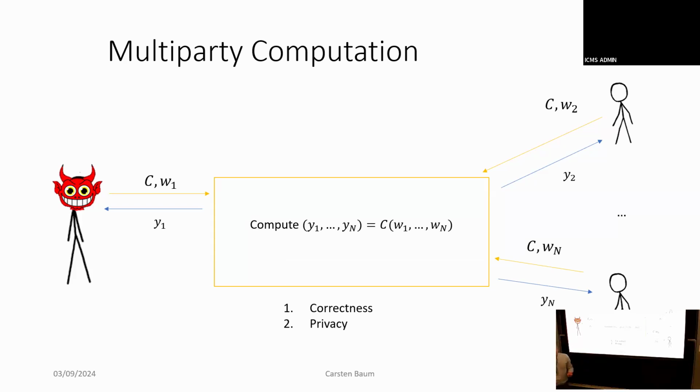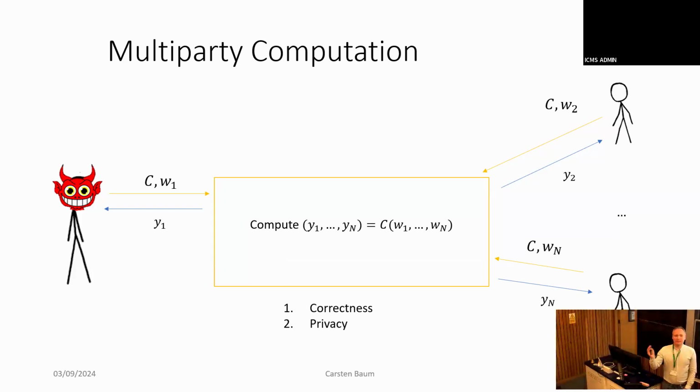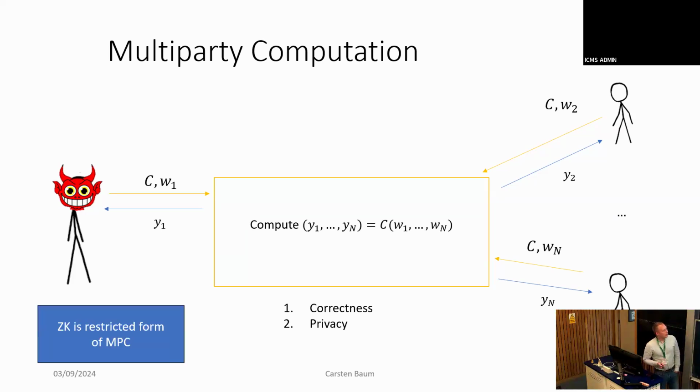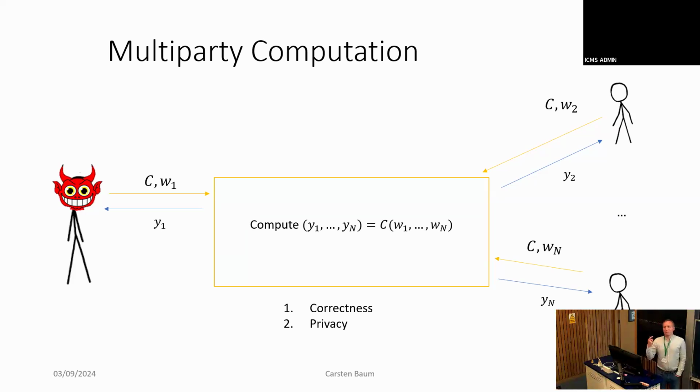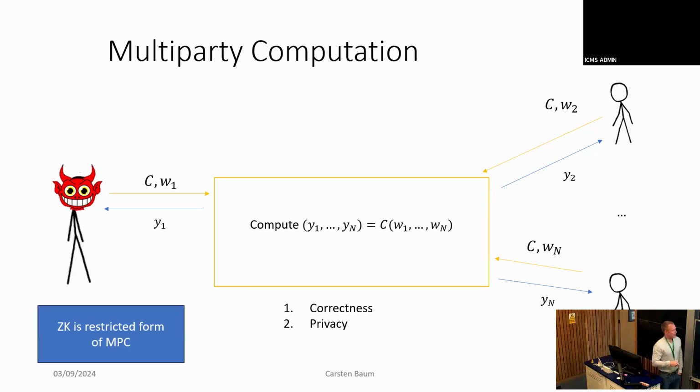And since we're all cryptographers, we're not just assuming boxes and ideal things and then getting on with our lives, but we actually want to realize these things and use them in practice. So what is a multi-party computation scheme? Before saying that you can, of course, build these things, I should mention that zero knowledge is a restricted form of this.